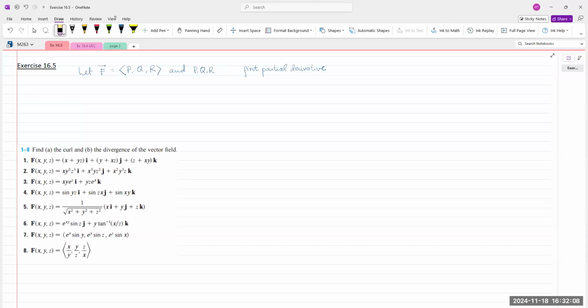With first partial derivatives existing for each of them, then by definition, the divergence of vector field F, also denoted gradient dot F, is basically dou x, dou y, dou z dotted with PQR.